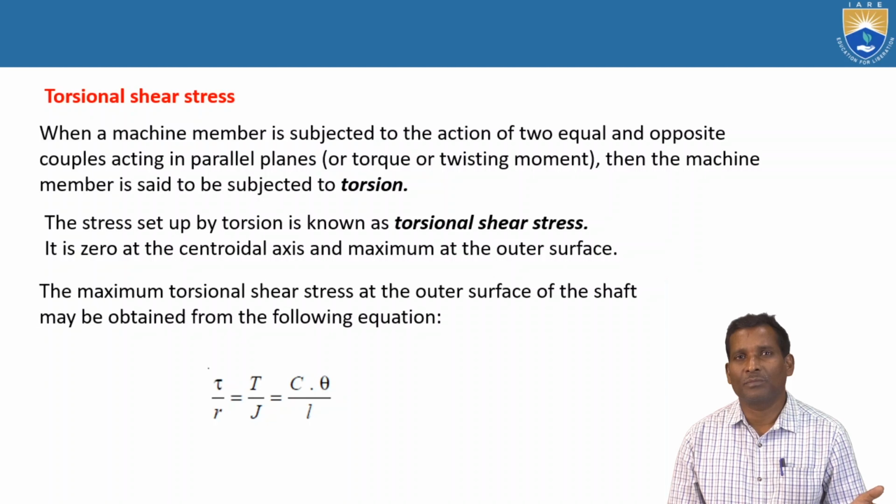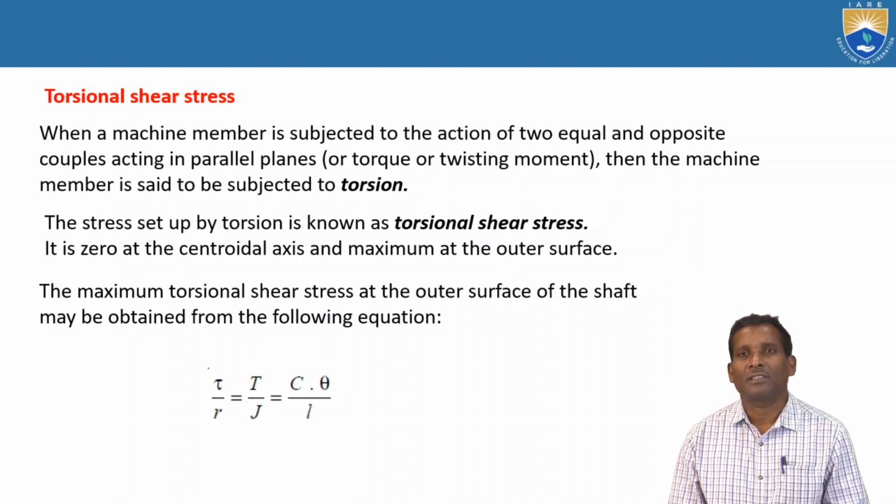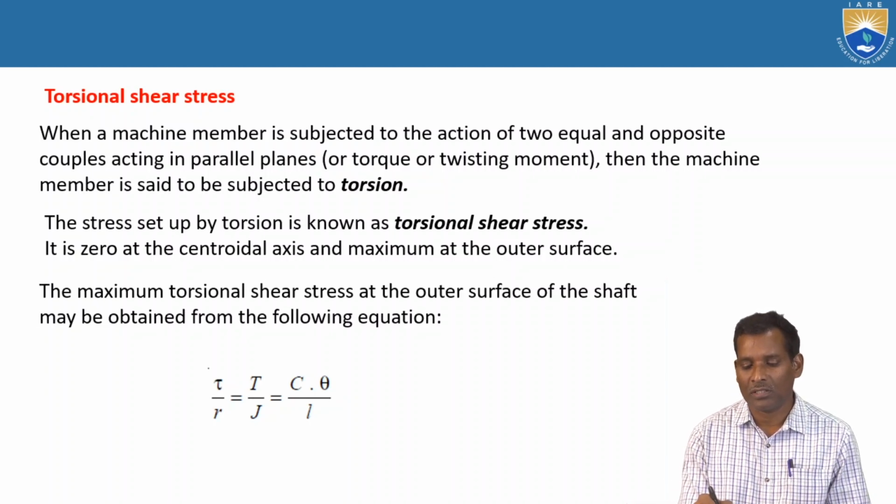Then the machine member is said to be subjected to torsion. Due to this torsion, shear stresses will occur. This type of shear stress is called torsional shear stress.